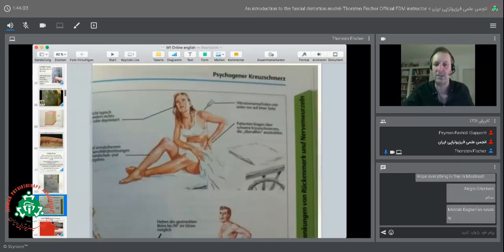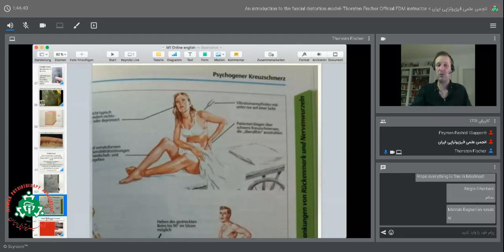So for Frank Netter, this is the psychogenic back pain. You see, Frank Netter always thought the problem of the patient is between the ears. But you see, he described it so well. You should just change psychogenic back pain and write cylinder distortion. That would be all. Frank Netter already saw it, but he could not categorize it. So now we have a categorization, and you will see your patients are very, very happy, because the patients feel that everybody thinks they are crazy, but they have really something.